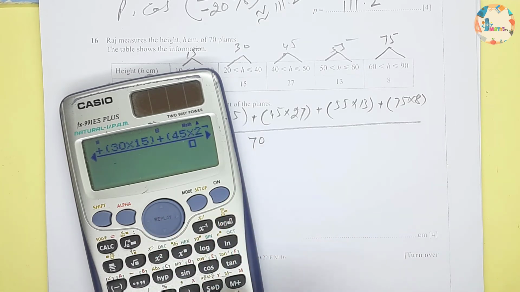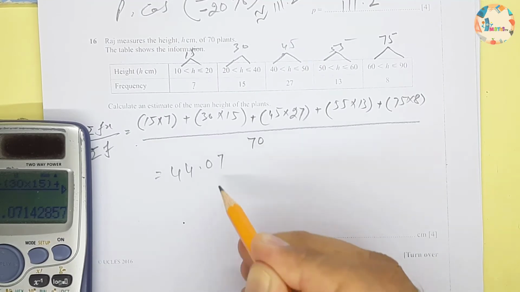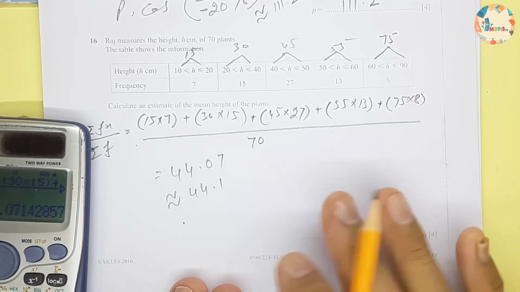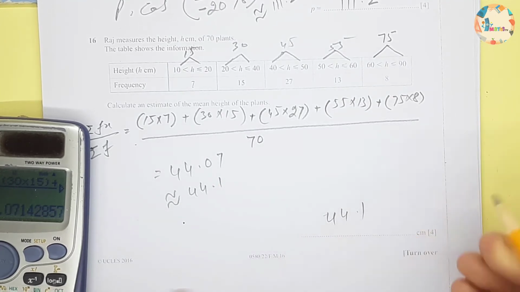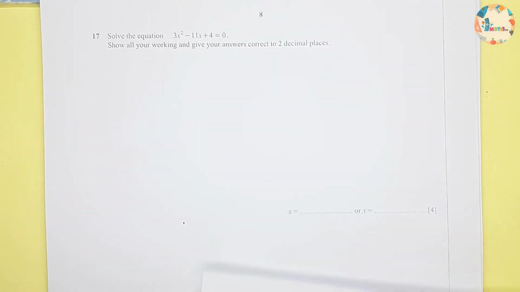This will give us 44.07, or approximately 44.1. So our answer will be 44.1. Hopefully you got this also.